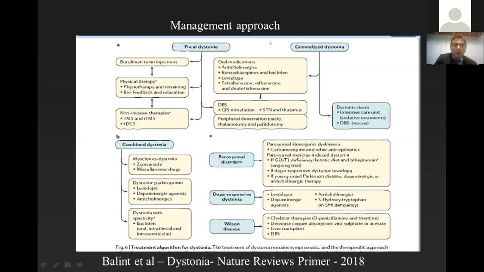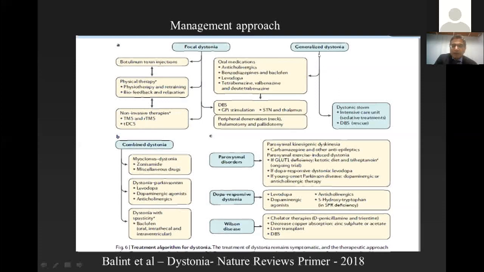So for focal dystonia, the main treatment is botulinum toxin, physical therapy perhaps, while in generalized dystonia, anticholinergics and oral drug treatments may be the first option. If the oral treatments are not sufficient, then you go on to DBS with GPI stimulation.